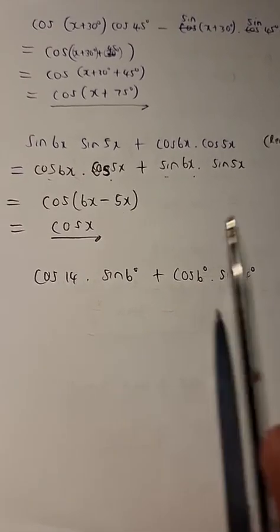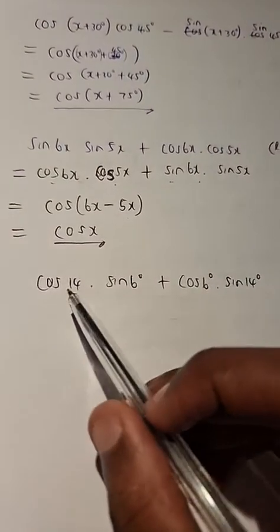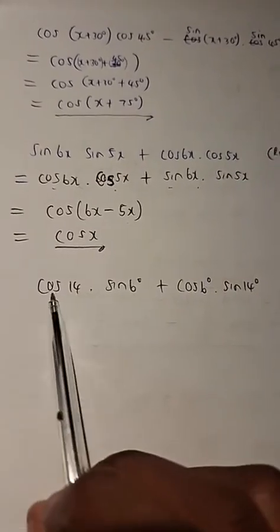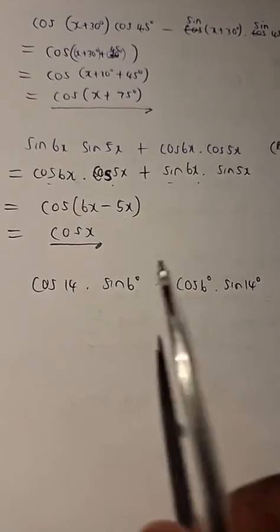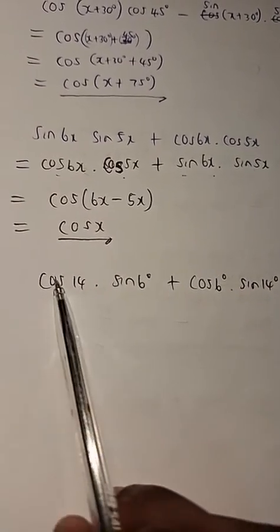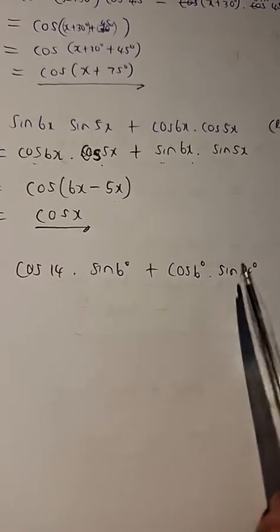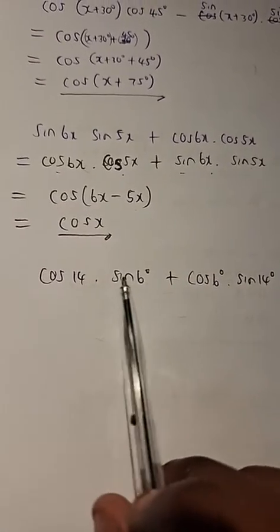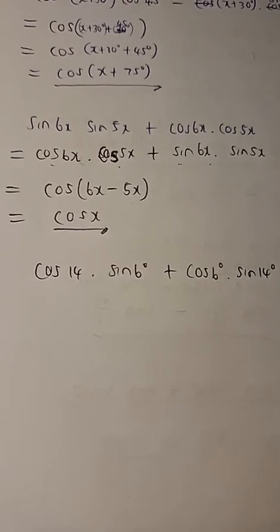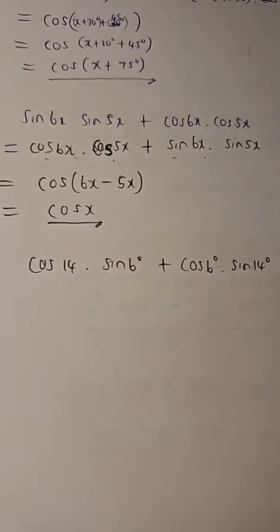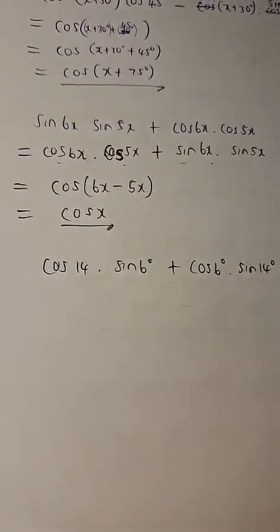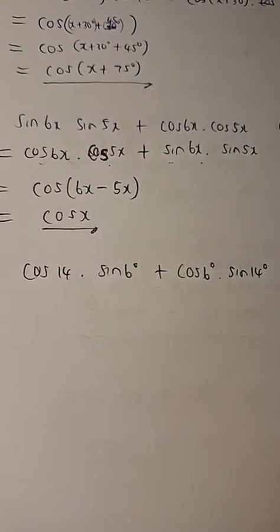When I look at this, it does not mimic the template of the expansion of either the sine or the cos. But I can see there's cos sine, cos sine, so there are different trig ratios on either side, which means this mirrors the sine compound angle, but I need to rewrite it so that it is what I know.